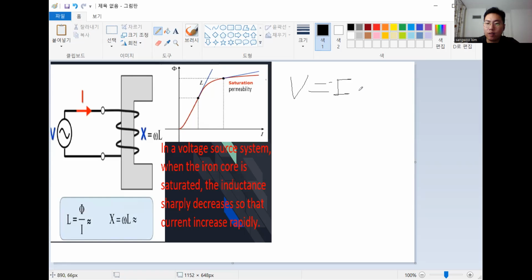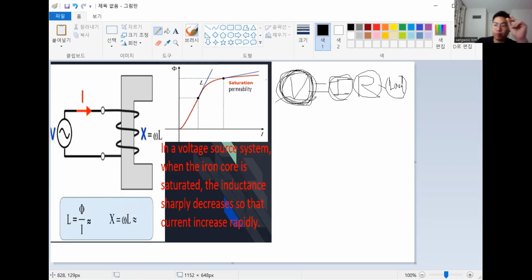Which means we want these voltages constant, and the R we call the load, it has to be a motor or something. Depending on the load, the current changes, and the voltage tries to keep a constant value. So we say this is a voltage source system.